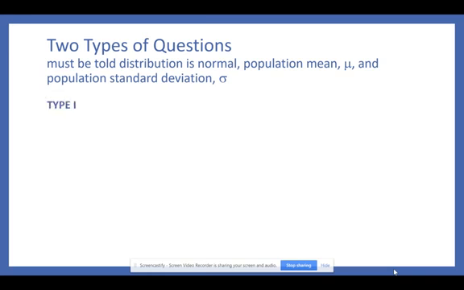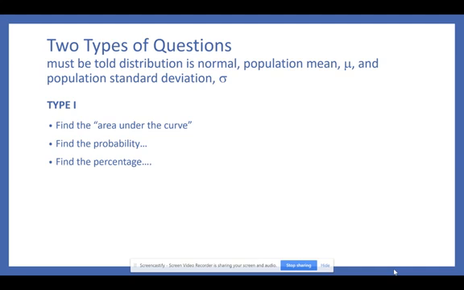The first type of problem that you can encounter, the question might be worded some way that it would say, find the area under the curve, or find the probability that, or find the percentage that. Again, remember that the phrases percentage, probability, and area under the curve are synonymous.